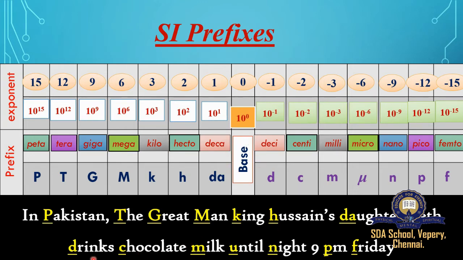Okay, drinks chocolate milk until night 9 p.m. Friday. And this daughter DA comes as the symbol DA, deca. Okay, this is just to memorize the order of prefixes. Hope I'm making it clear to you.